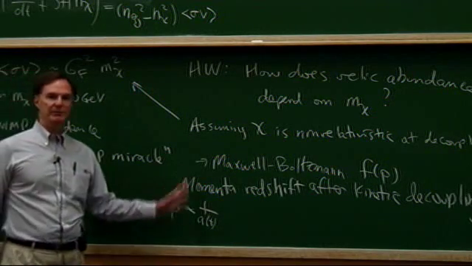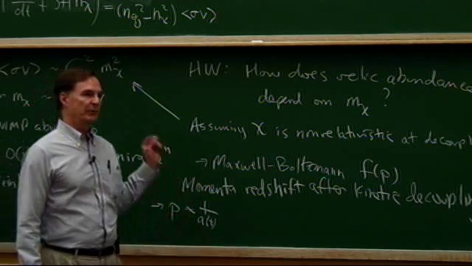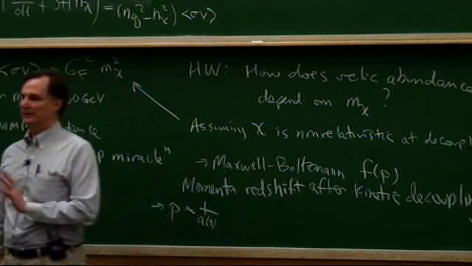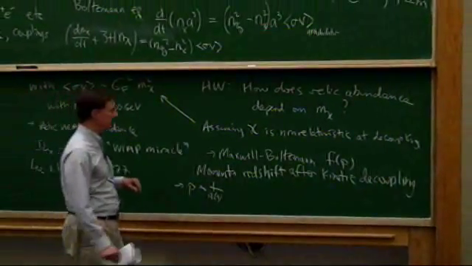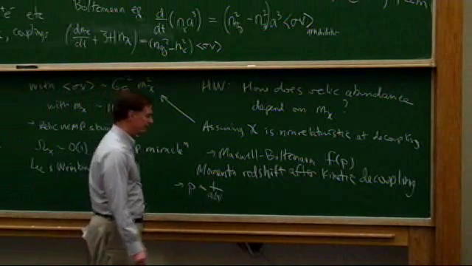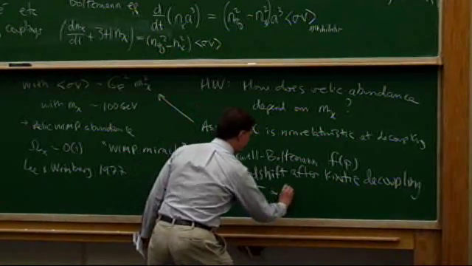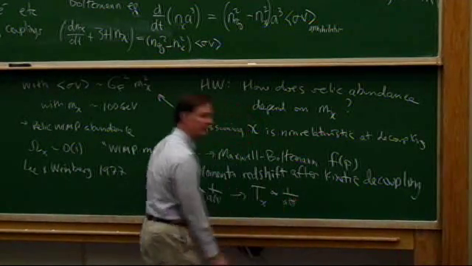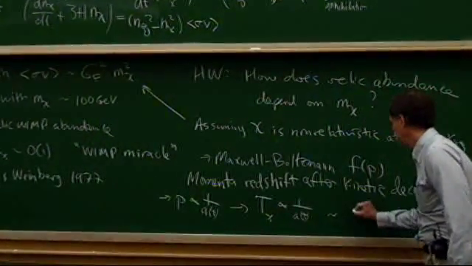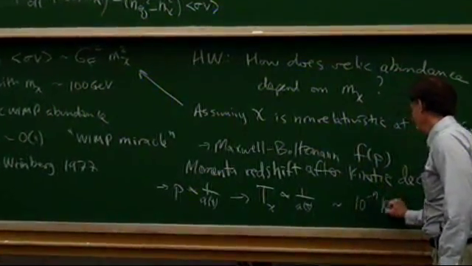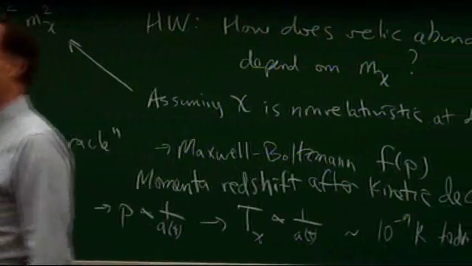And then the momenta decrease by many orders of magnitude further as the universe expands, preserving the shape of the distribution function, which is non-relativistic Fermi-Dirac or Maxwell-Boltzmann. And so that means that the temperature of this chi particle is proportional to 1 over a of t as well. And as I said, typically this is 10 to the minus 9 Kelvin today for WIMP models, or less.